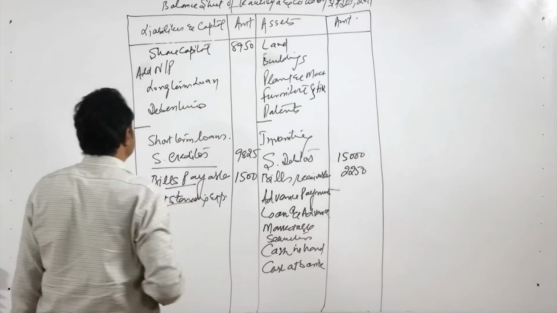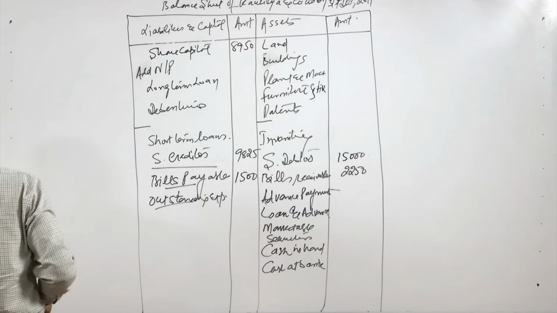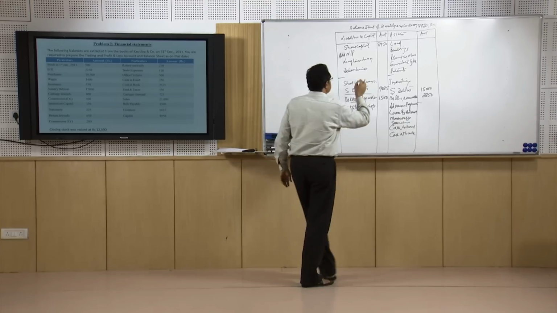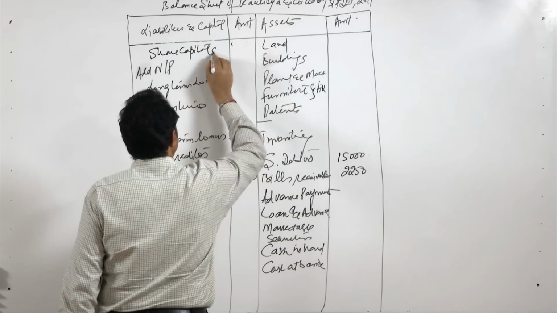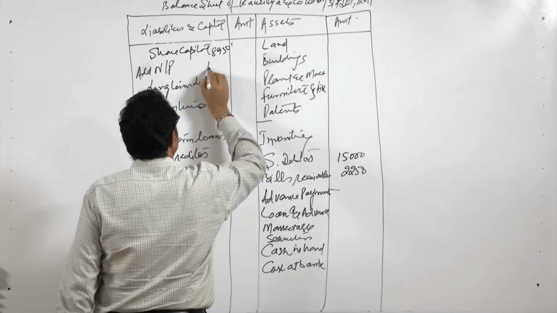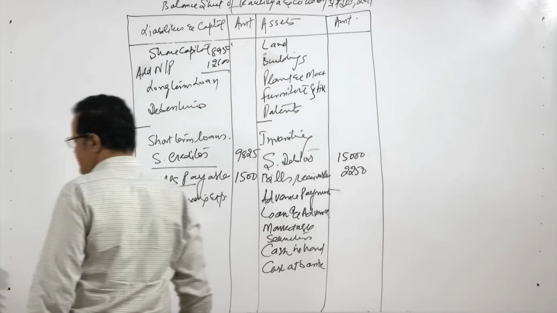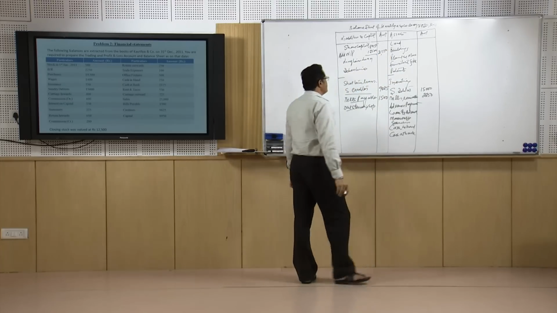What was the net profit in our case? Our net profit was 12,600 rupees. So you put 8950 in the inner column, and then 12,600 rupees, and 21,550 is the total capital amount.